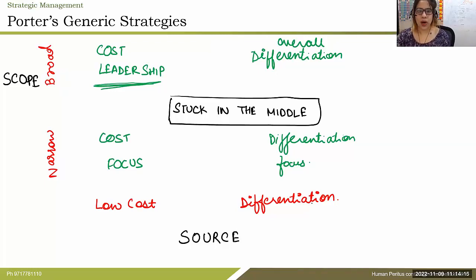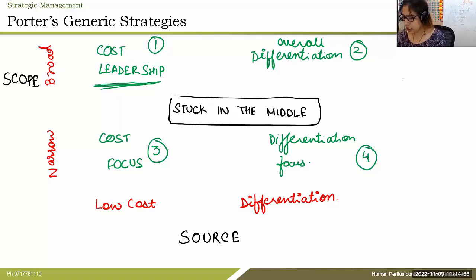So are you able to understand this diagram? Now we'll quickly take one each. We'll talk about cost leadership first. We'll talk about overall differentiation. We'll talk about cost focus, and we'll talk about differentiation focus, right? So basically it is only three, right?